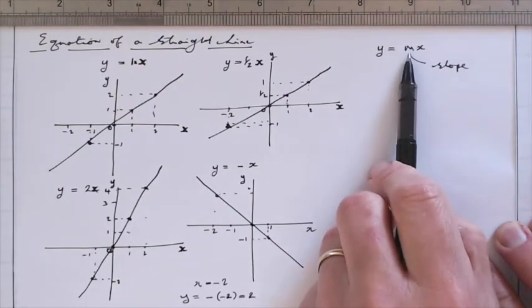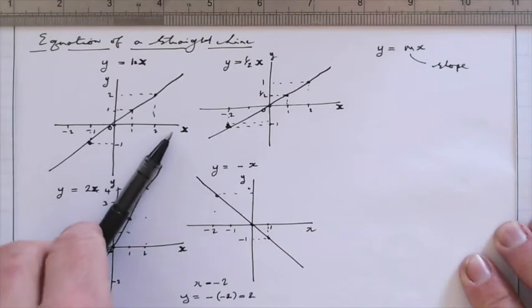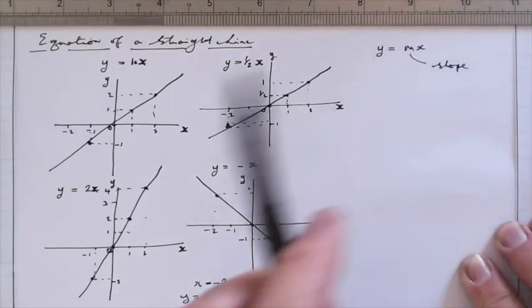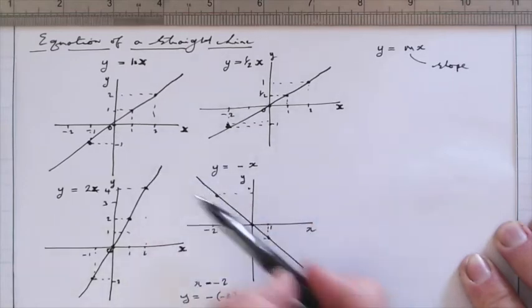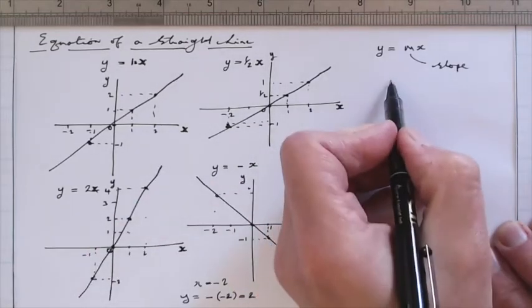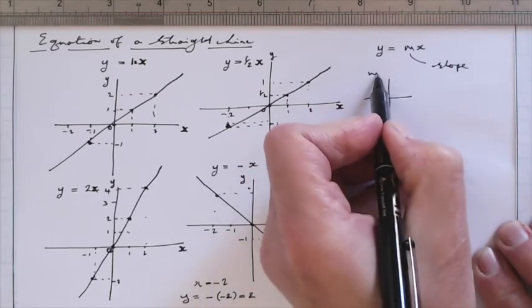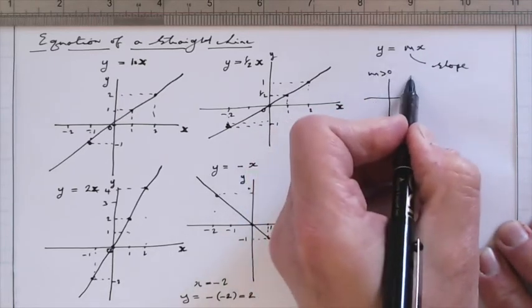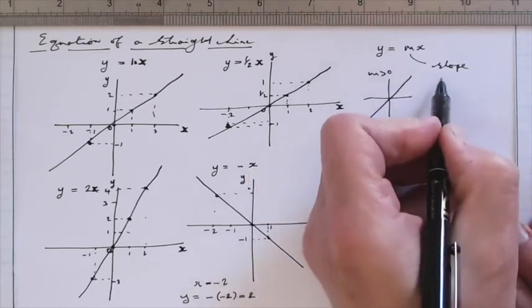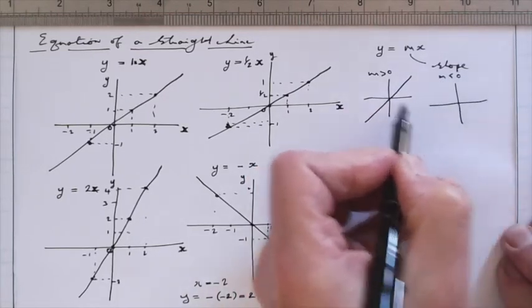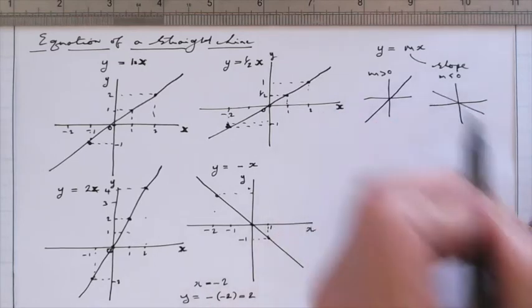If m is a large positive value, we have a steep line in this direction. If m is negative, we have a line in this direction. So, very important to remember that if m is positive, your line will have a slope in this direction, and if m is negative, your line will have a slope in this direction.